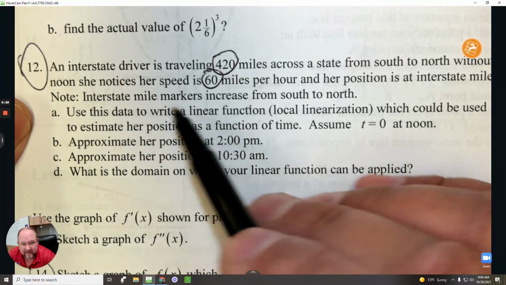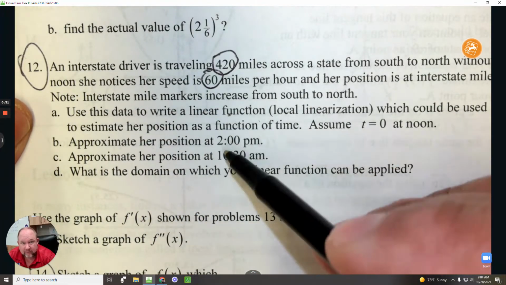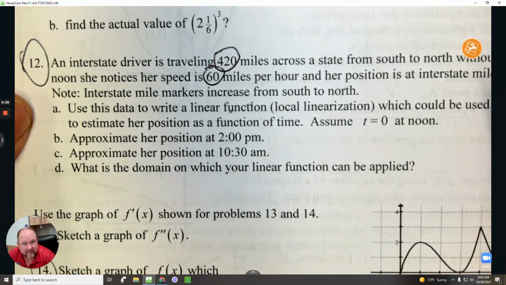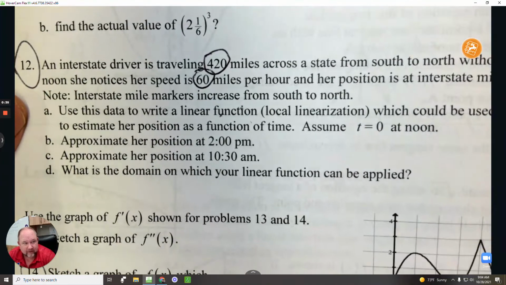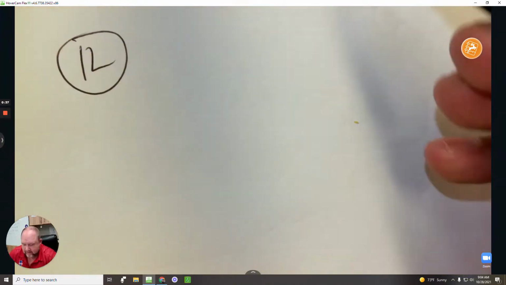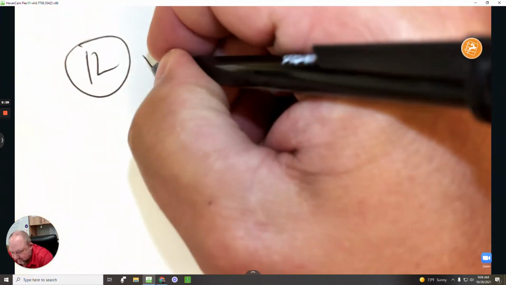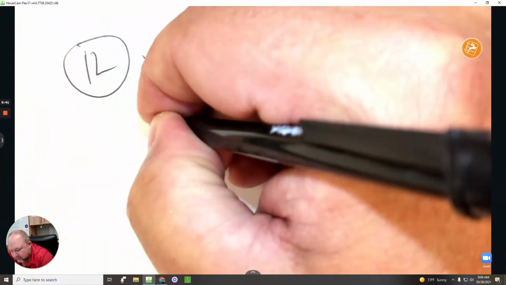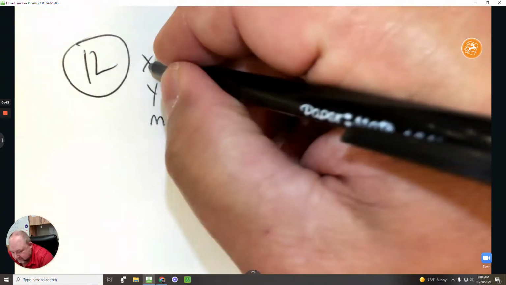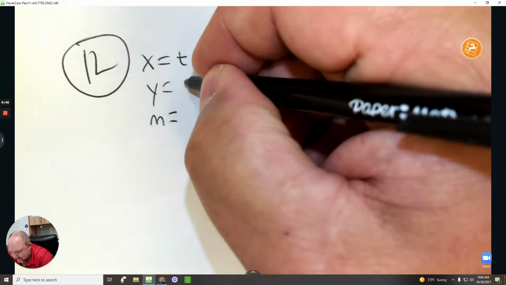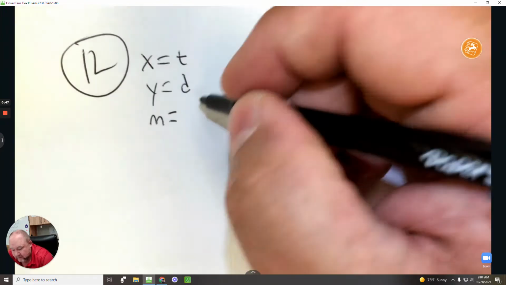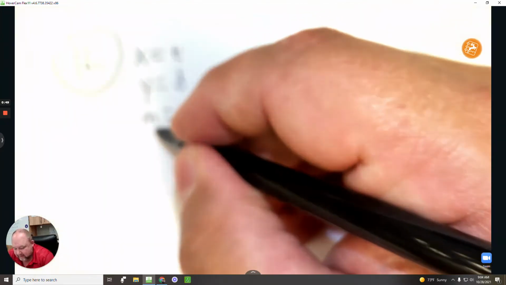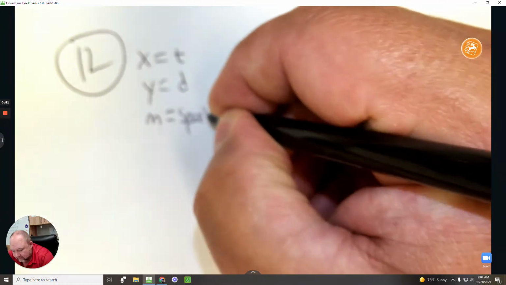Use this data to write a linear function which could be used to estimate her position as a function of time, and assume t equals 0 at noon. So if I need a linear function, normally these are the letters we use. In this case, instead of x, we're going to use t, and instead of y, we're going to use the distance. And the slope is going to represent the speed that she's going.